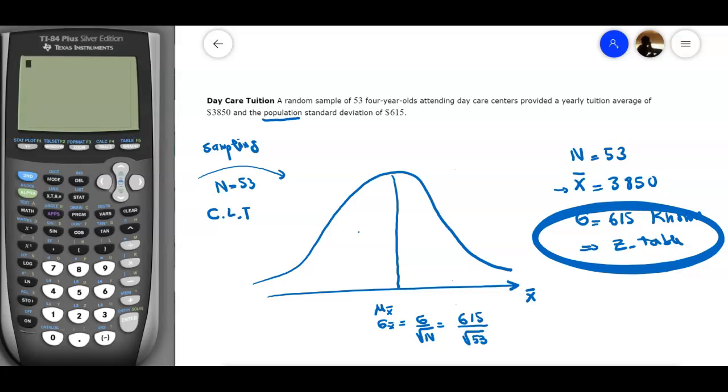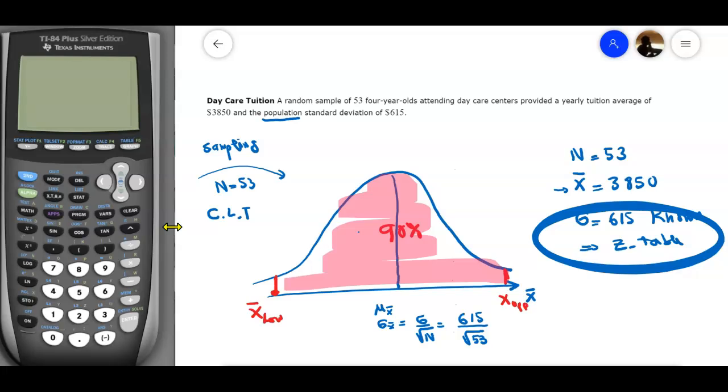And as well, we don't know this mu x, so we are doing the 90th percentile. So what does the 90th percentile mean? If I have 90% of the data in here, what will be my lower value of x, x lower, and the x upper here?